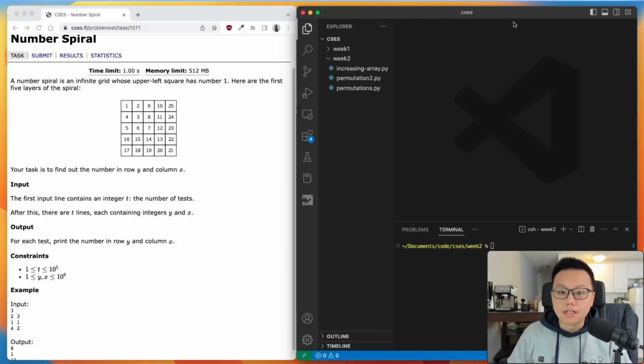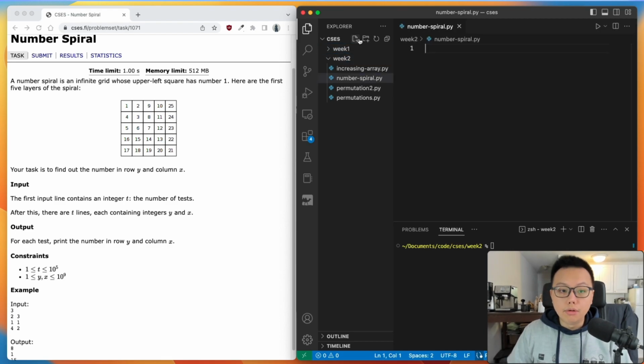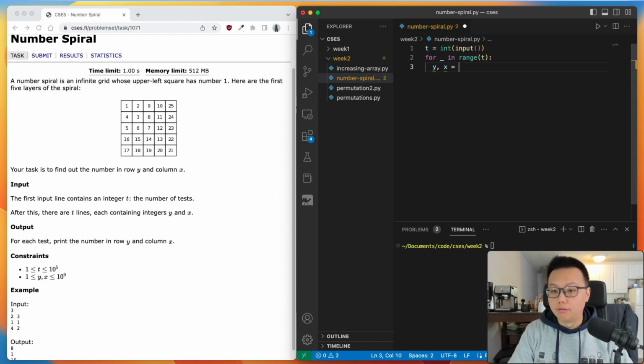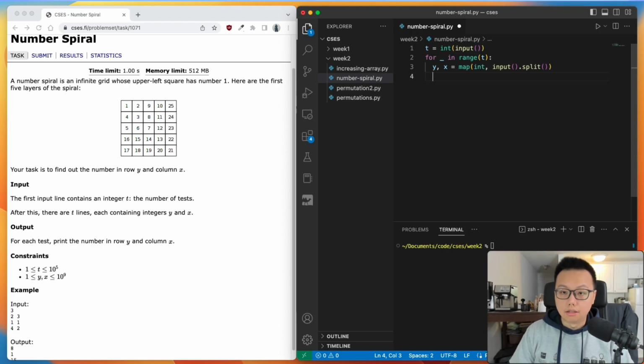Okay, so now let's try to implement the solution. First, we create the file number spiral, and then we read the input value. For each line of input, we read in the values of y and x. Then we first calculate the largest square that is smaller than the location of y and x.